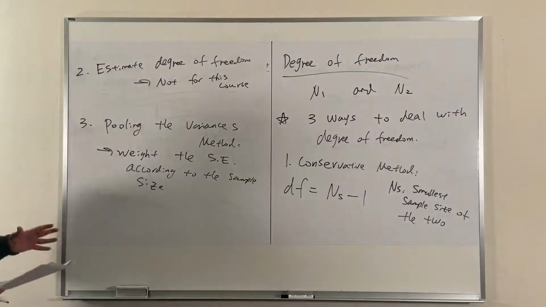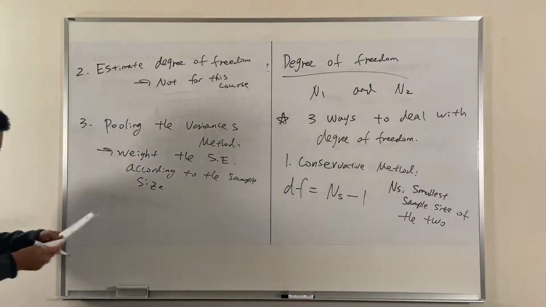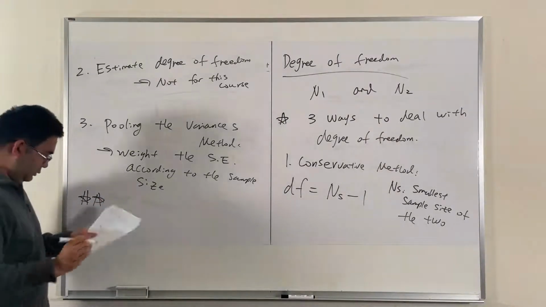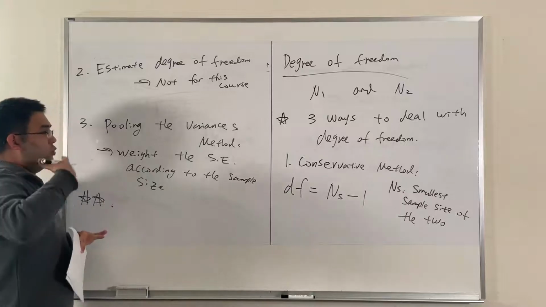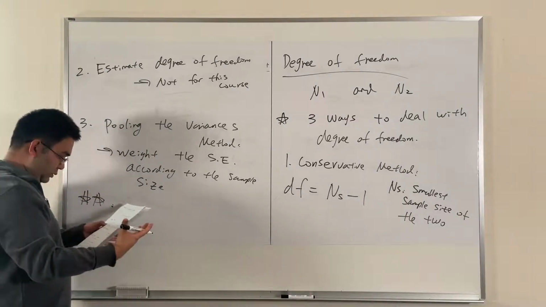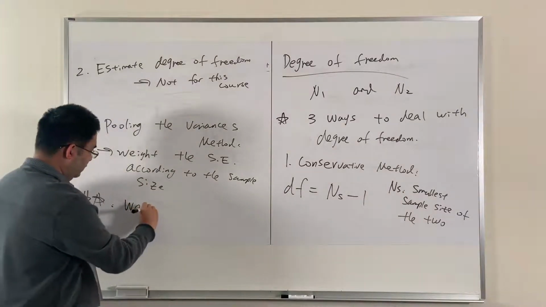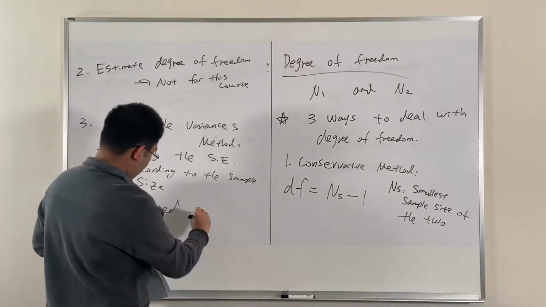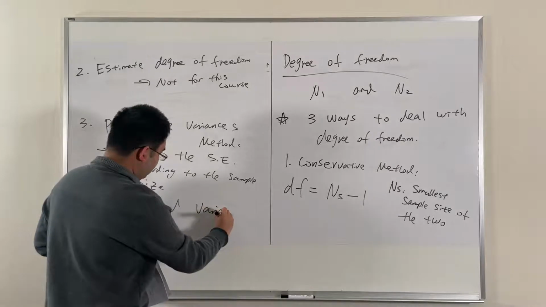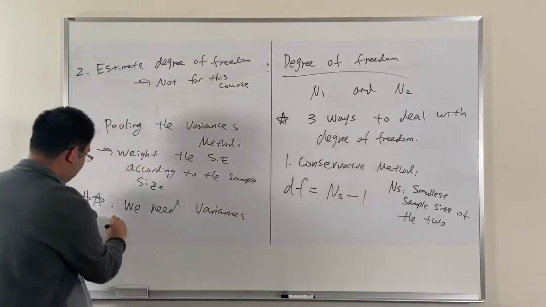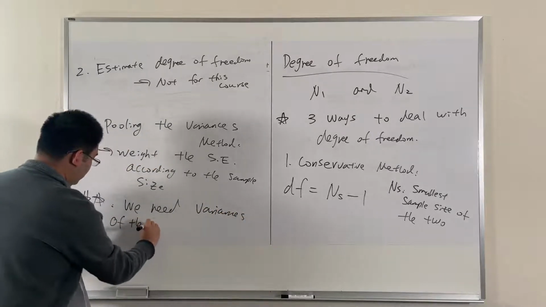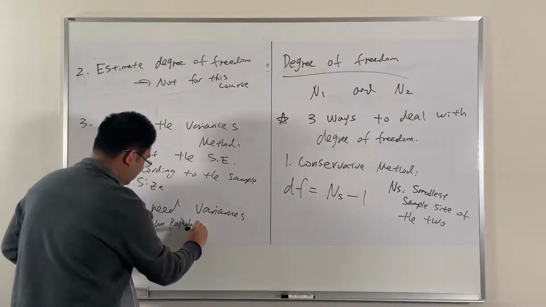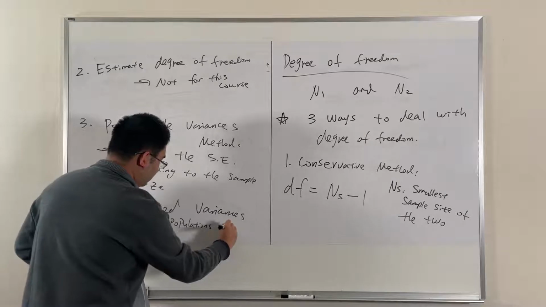What's important that we have to focus on, I'll put 2 stars here. In order for us to use this pooling method, we need the variances of the two populations to be the same.